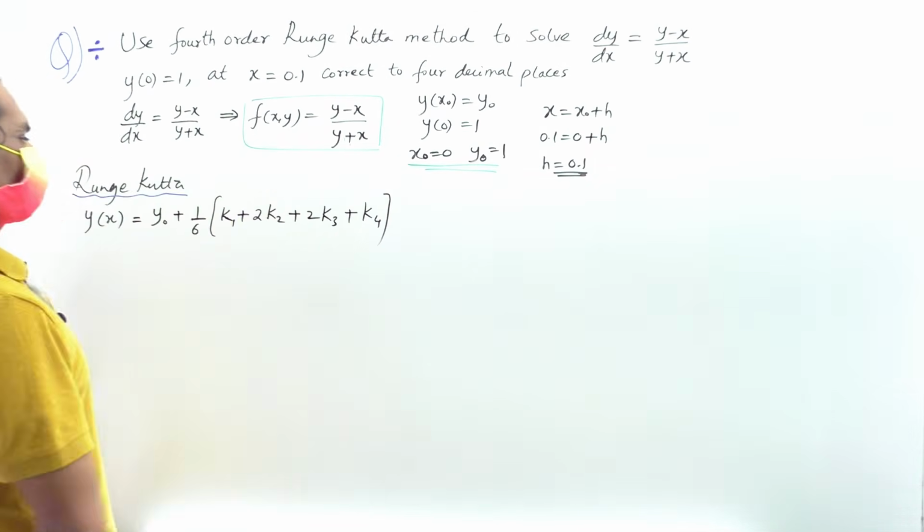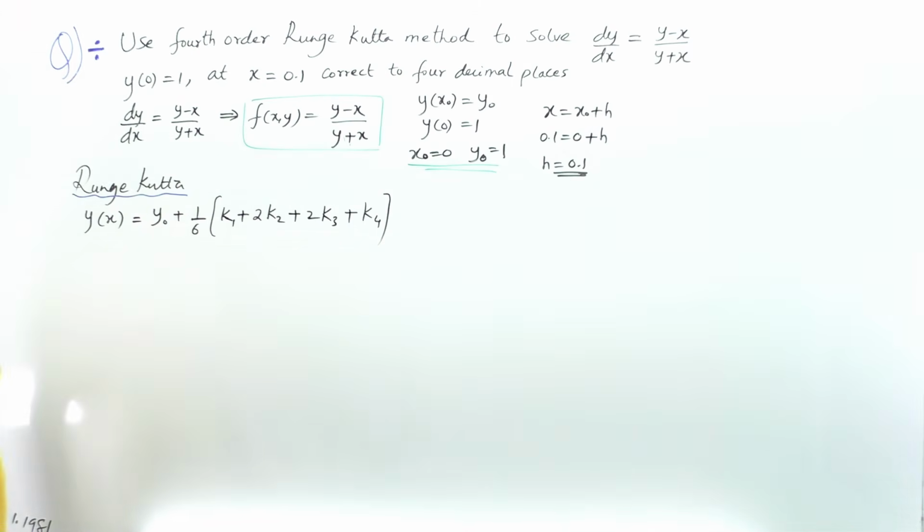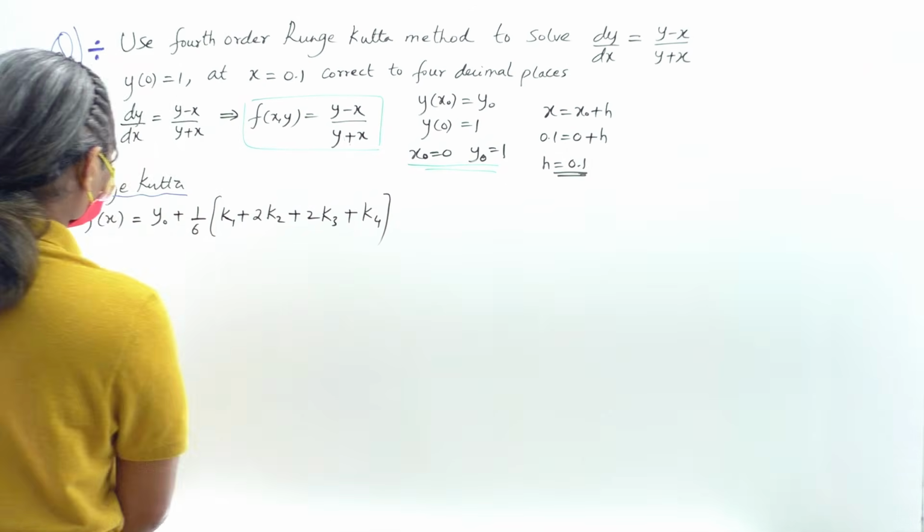That's all. Okay, so y of x is equal to y naught plus 1 by 6 (k1 plus 2 k2 plus 2 k3 plus k4). This is the formula for Runge-Kutta.